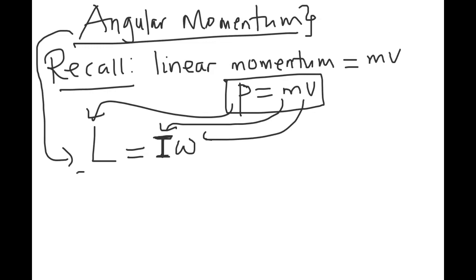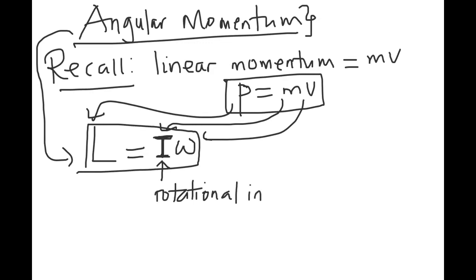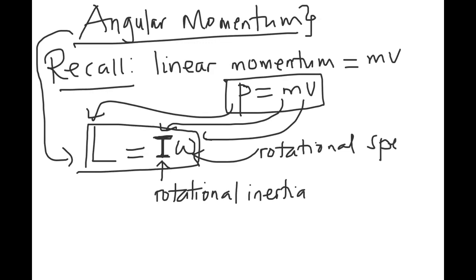So this is the formula for angular momentum: we multiply the rotational inertia by the rotational speed, and L stands for angular momentum.